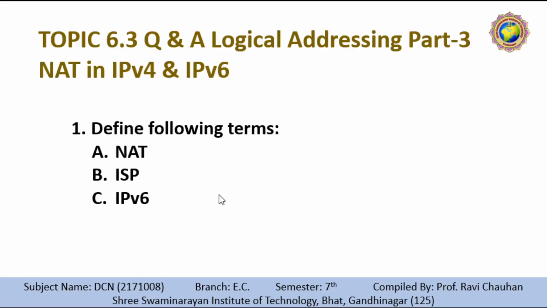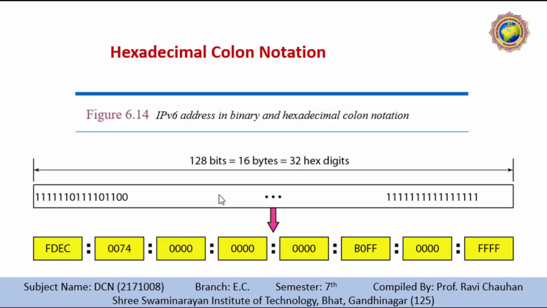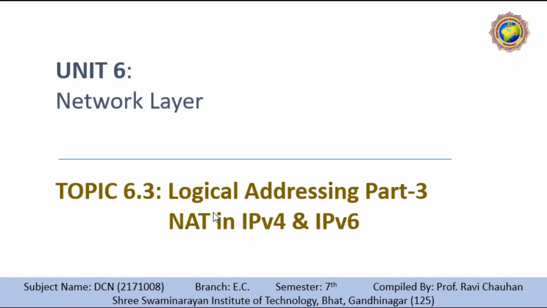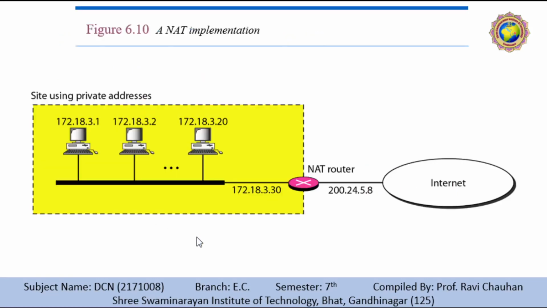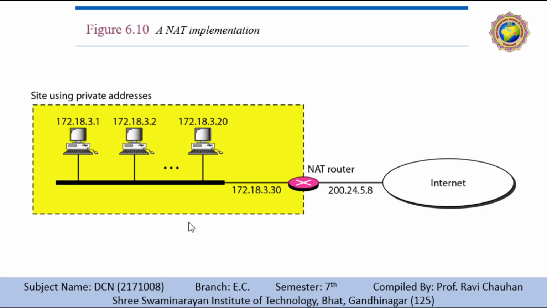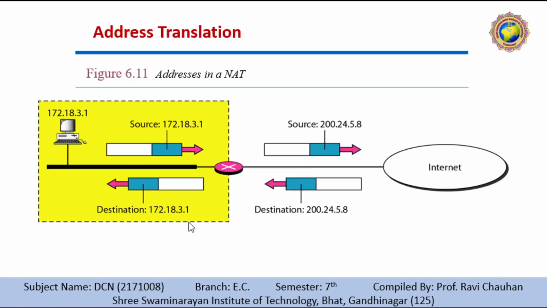Fine, so it is the end of our session. Let's revise our session in a quick view. We started our discussion with the network address translation concept. We covered the three ranges of NAT addresses used by private networks. Then we saw the implementation of NAT.